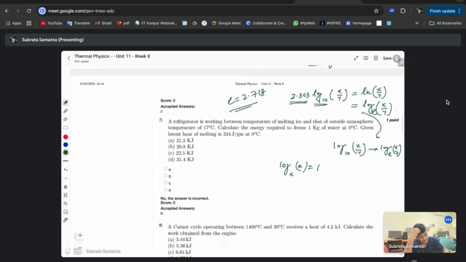Let's say log 10 of x over y is equal to log e of x over y, divided by log e of 10, right?